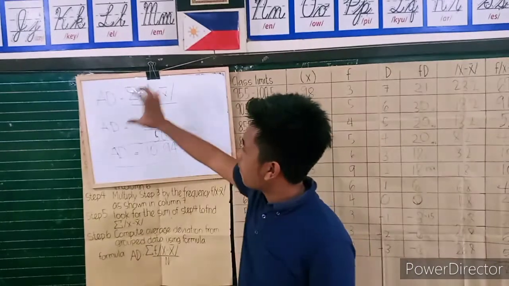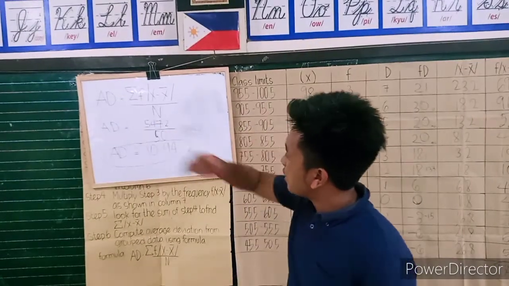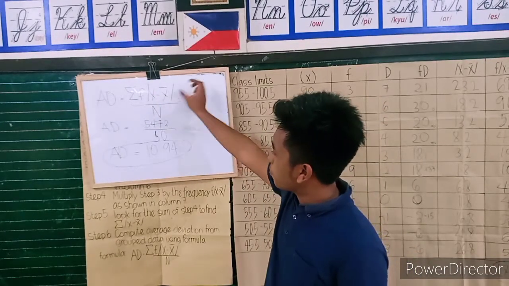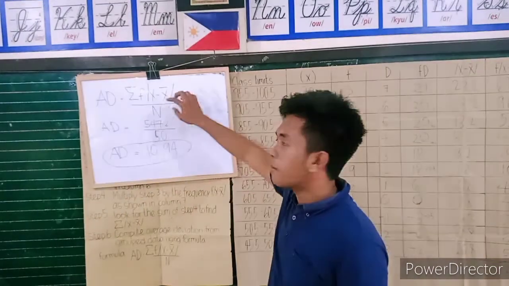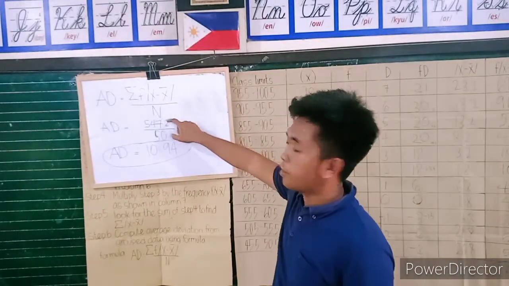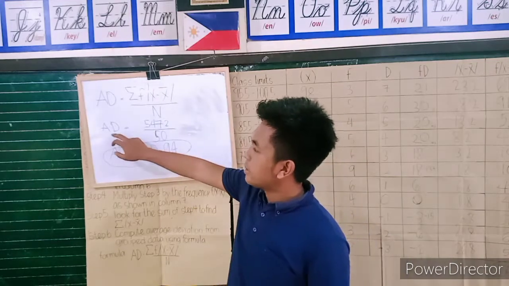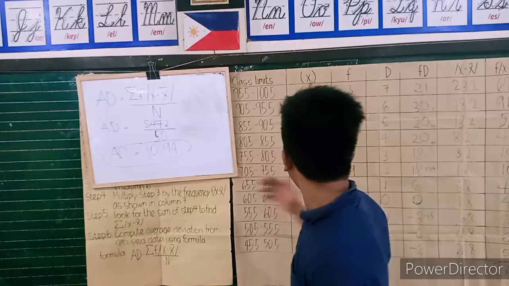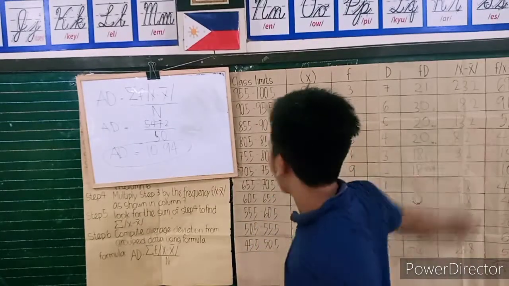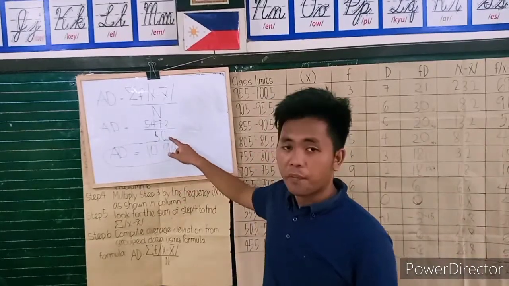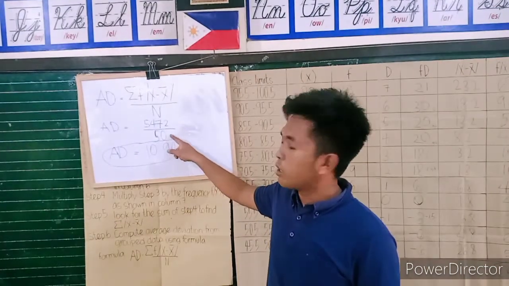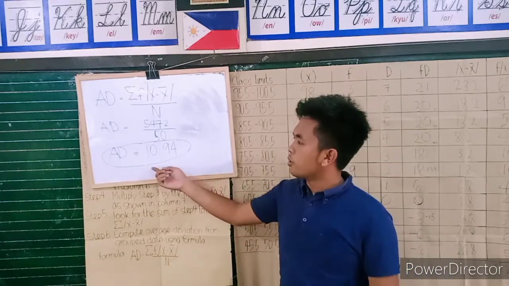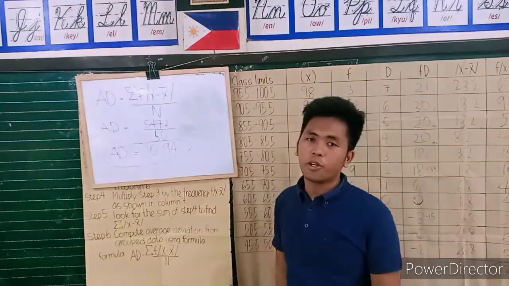Average deviation is equal to the summation of frequency times the number of scores or midpoints minus the arithmetic mean, divided by the number of students, cases, or respondents. I substitute the 547.2, the summation of all the frequency, divided by 50, the number of students or respondents. So the answer is 10.94.